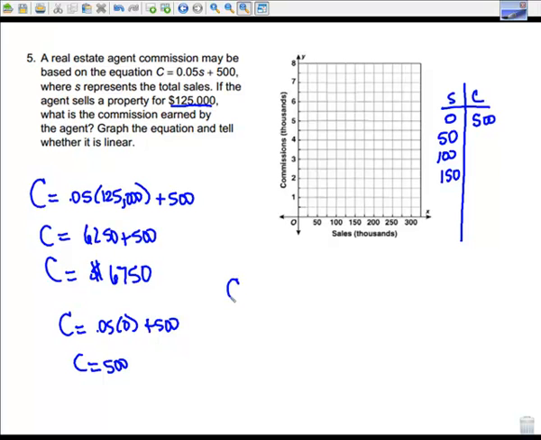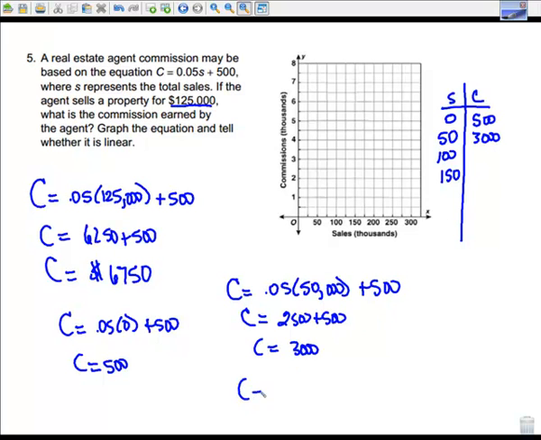Maybe that's just saying, okay, sorry you didn't sell anything this month, but we'll at least give you $500 for working for us. So if I do 50,000, then if I take the 50,000 times 5%, I get 2,500 plus an additional 500. So you're going to make 3,000.